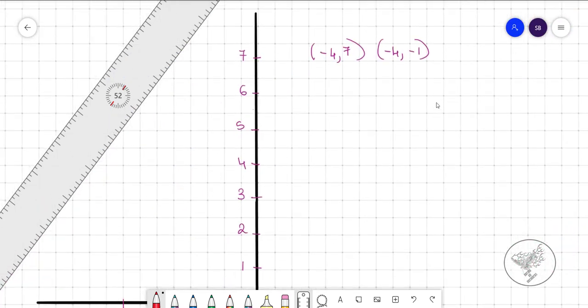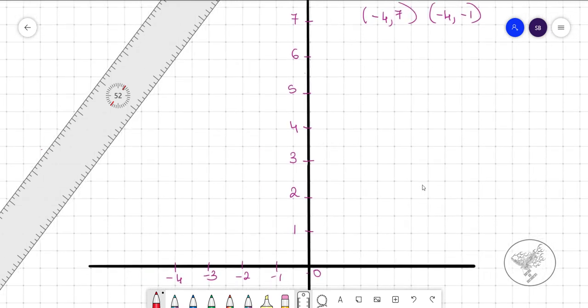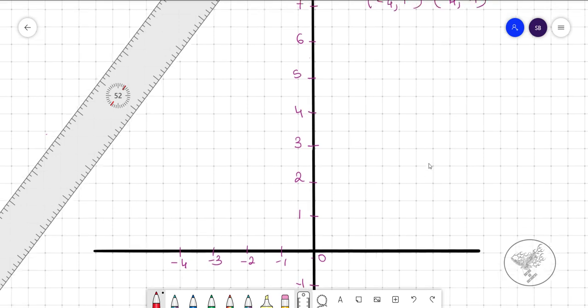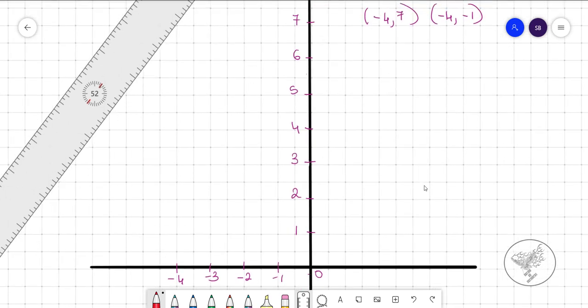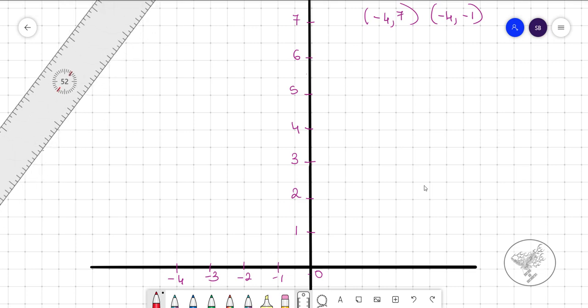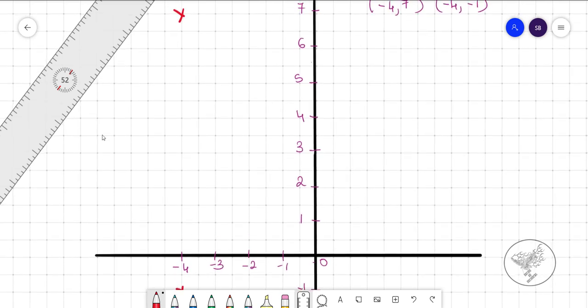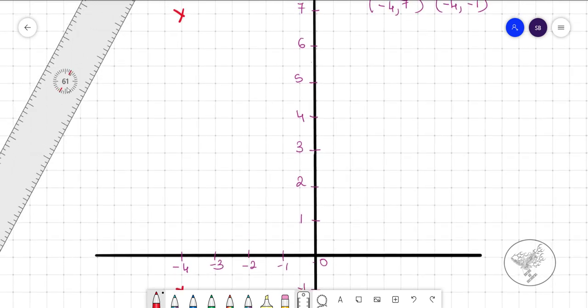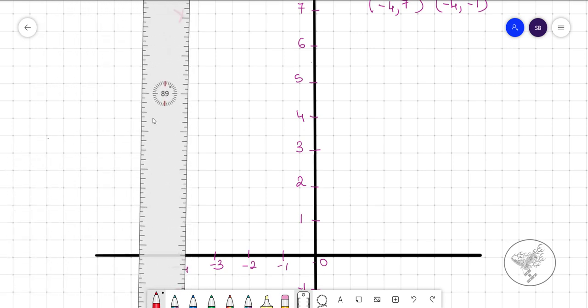Now let's go for part C. Here the coordinates are -4, 7 and -4, -1. -4, 7 is somewhere here, and -4, -1 is somewhere here. So obviously I know it is going to be a straight line.